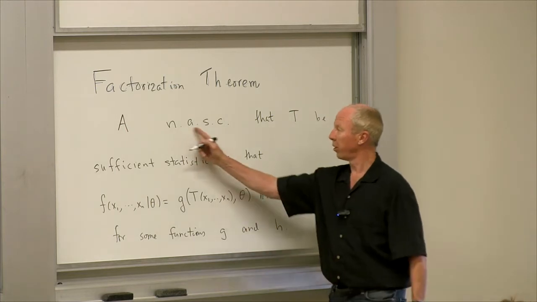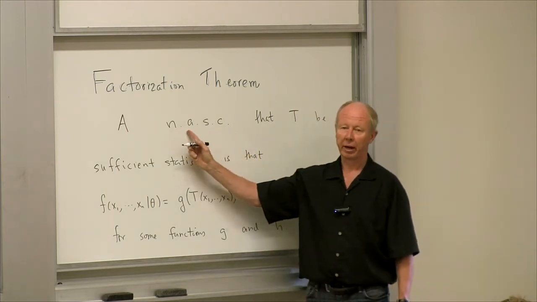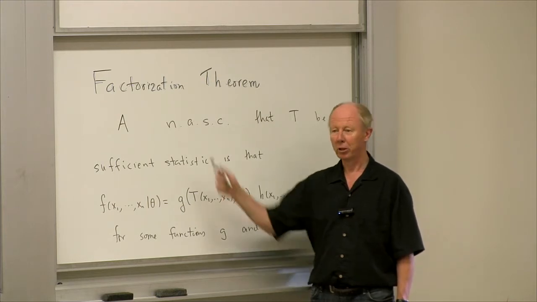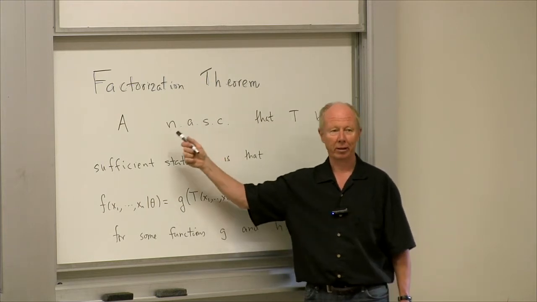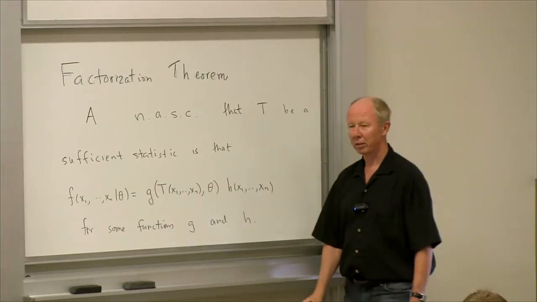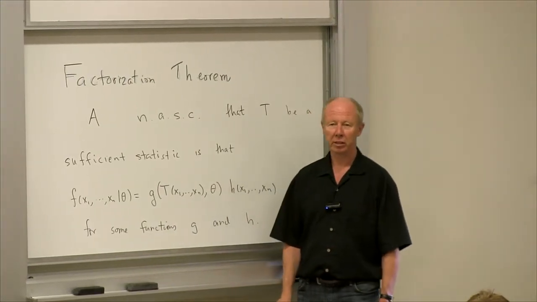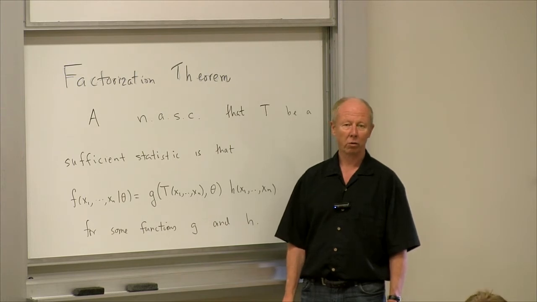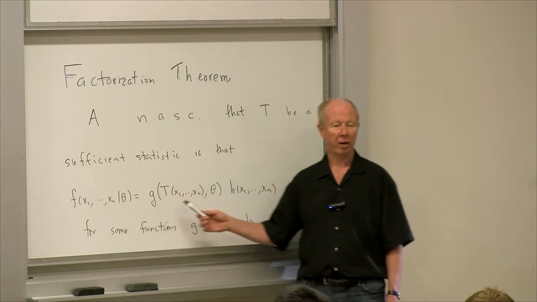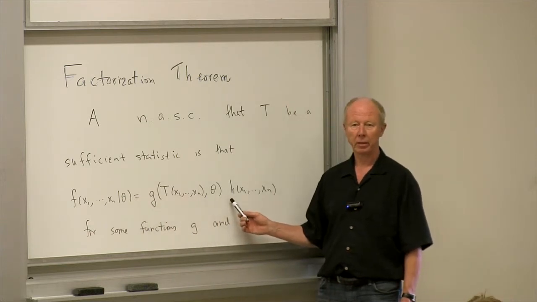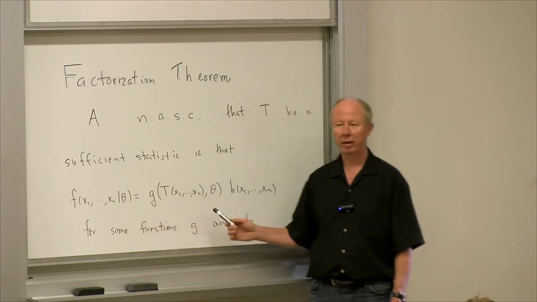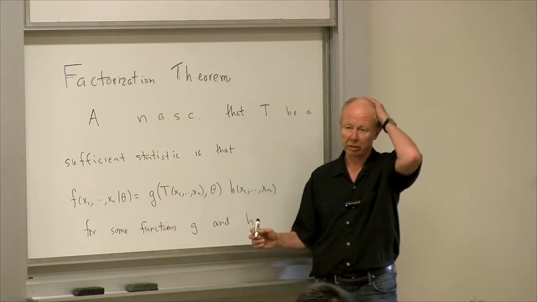Okay, so this abbreviation means necessary and sufficient condition. It's much easier to write NASC than write necessary and sufficient condition. So what does it mean, necessary and sufficient? If T is a sufficient statistic for theta, then the joint density can be factored this way. And on the other hand, if the joint density can be factored this way, then T is a sufficient statistic.